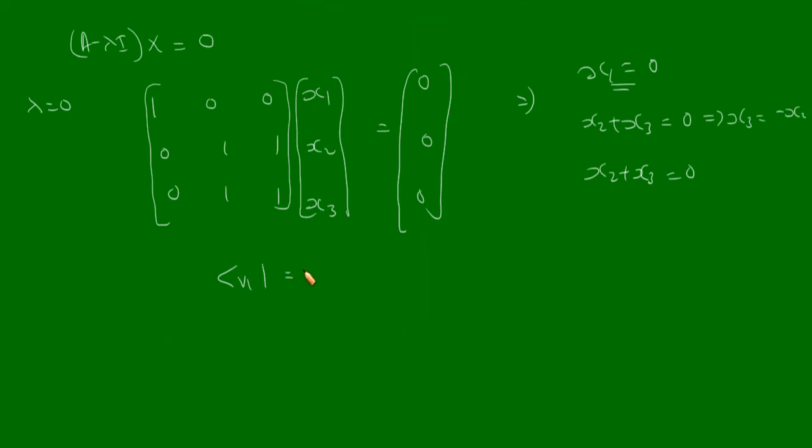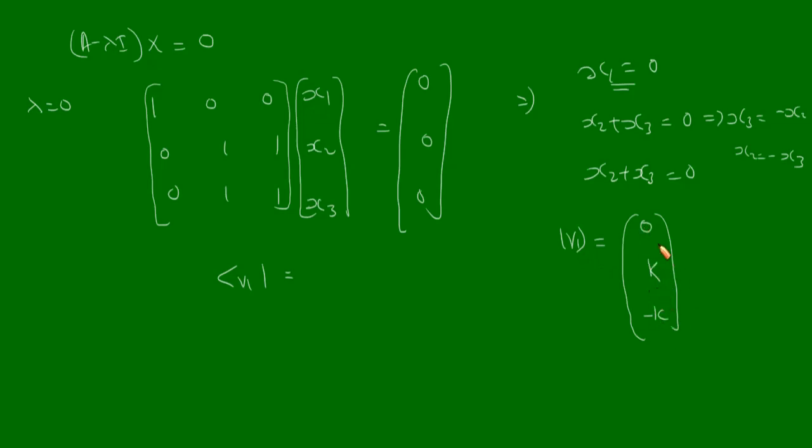R1 is equivalent to x1 is 0, x2 I can take as some k, then x3 will be equal to minus k. So x2 is arbitrary, and x2 and x3 have the relation x2 is equal to minus x3. This equation leaves x2 arbitrary, so I am taking it to be k. Then R1 will be 0 k minus k.